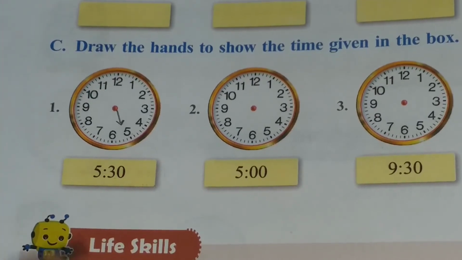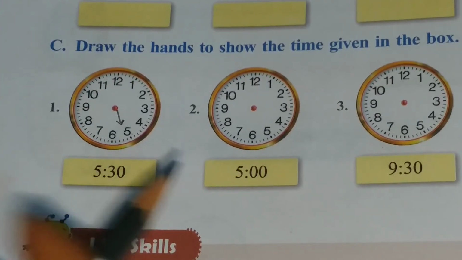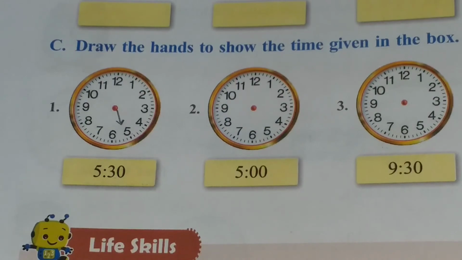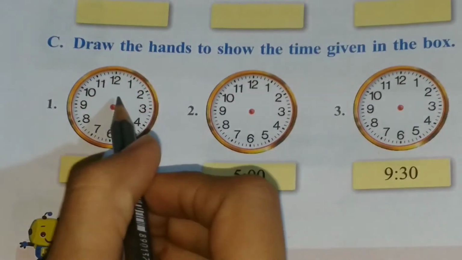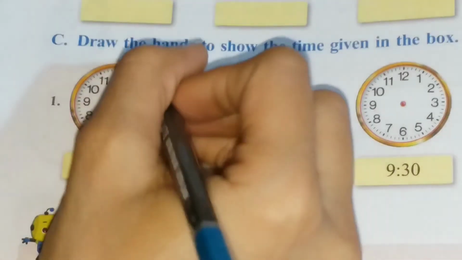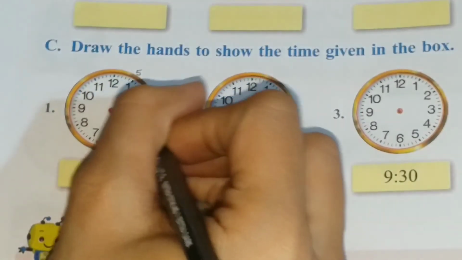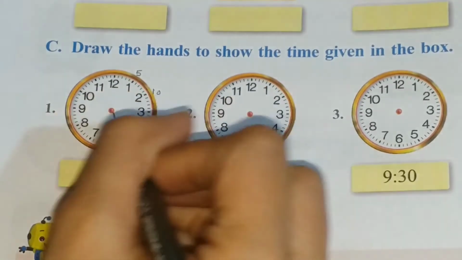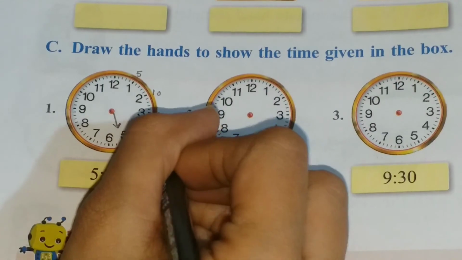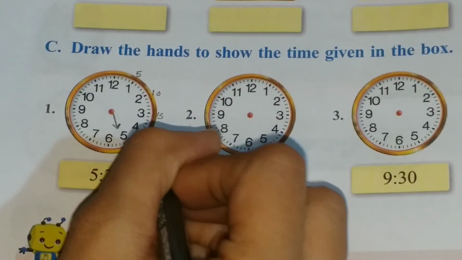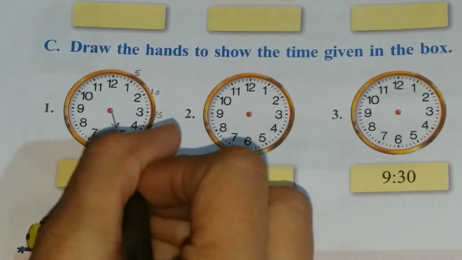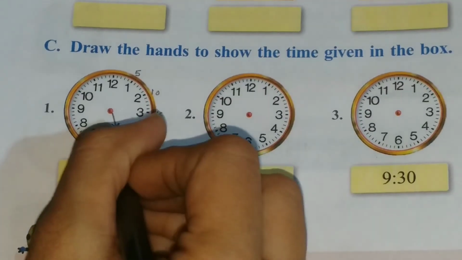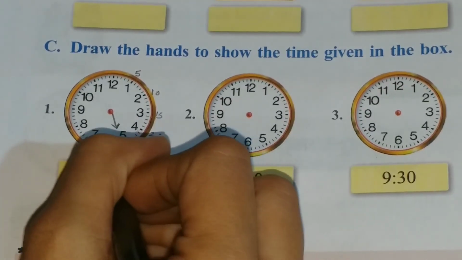Now where will be the minute hand? So remember the table of 5. 5 ones are 5. 5 twos are 10. 5 threes are 15. 5 fours are 20. 5 fives are 25. 5 sixes are 30.